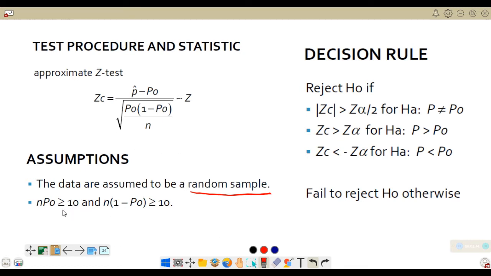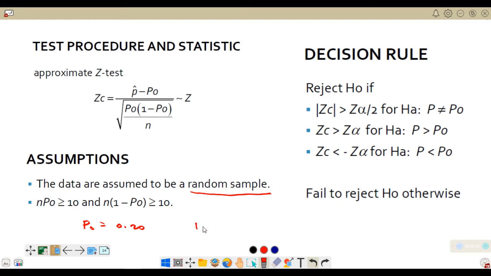At isa pa, dapat yung sample size n times your assumed proportion should be greater than or equal to 10. And the same for 1 minus P sub 0. For example, if your P sub 0, your assumed proportion, is equal to 0.20. Yan. So, pwede mo lang gamitin itong test of proportion natin if the number of samples times 0.20 is greater than or equal to 10.